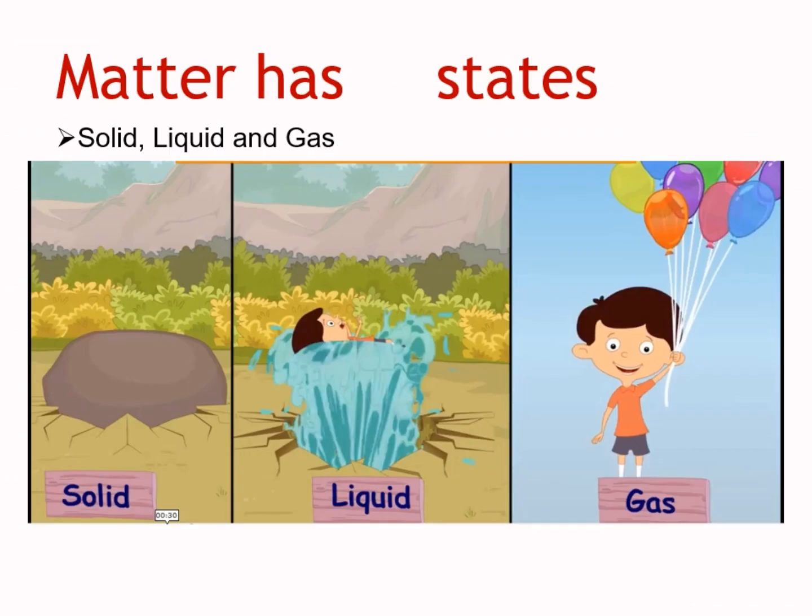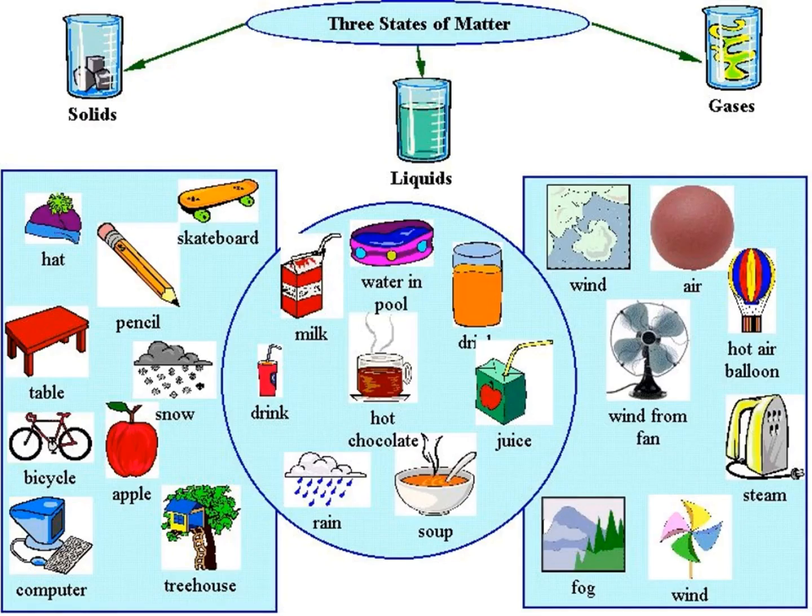So, we have three states of matter. Again, matter has three states, and what are they? They are solid, liquid, and gas. Solids are hard. You can hold them in your hand, like hat, pencil, table, bicycle, apple, and computer.